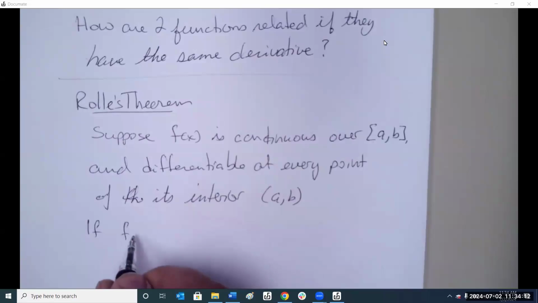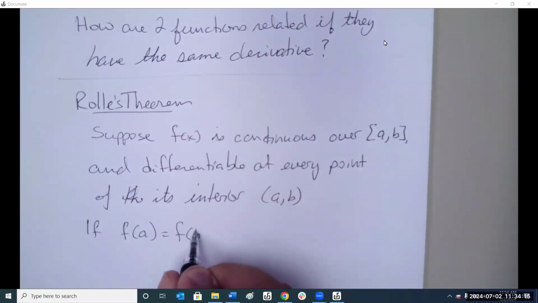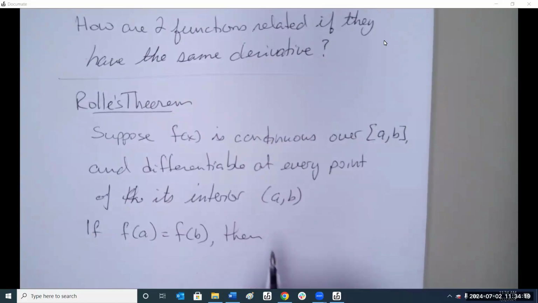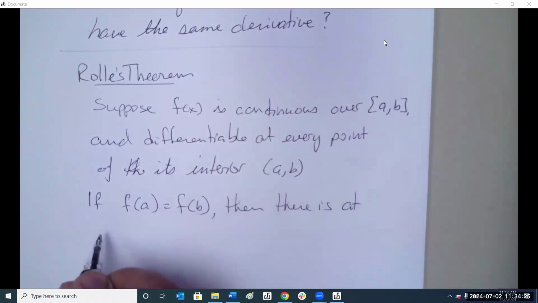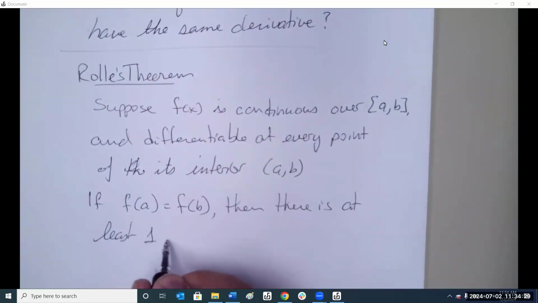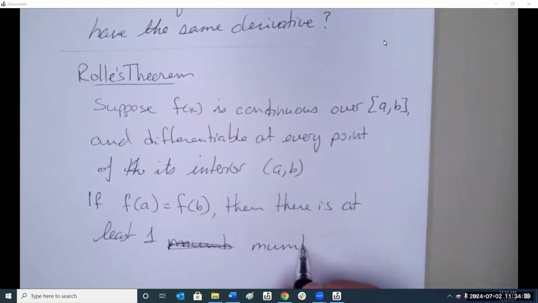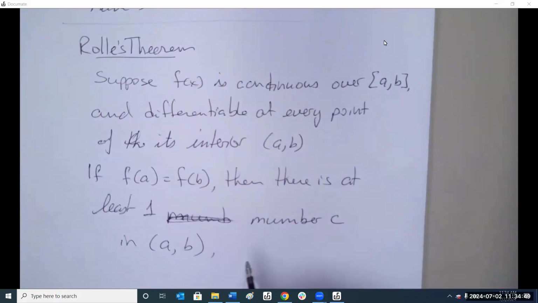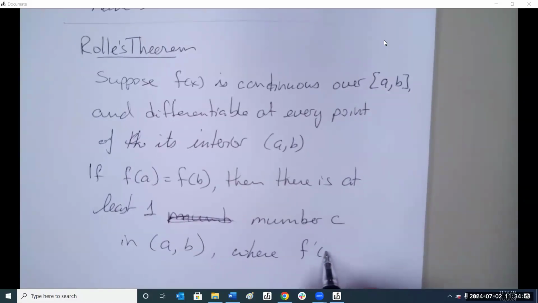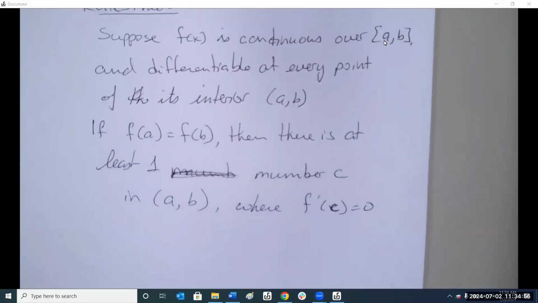So if this is all true, if f of a equals f of b, then there is at least one number C on the interior with first derivative equals 0.